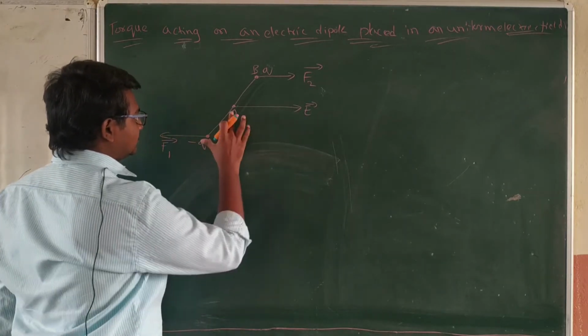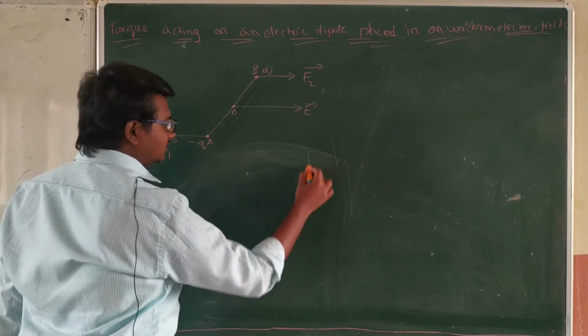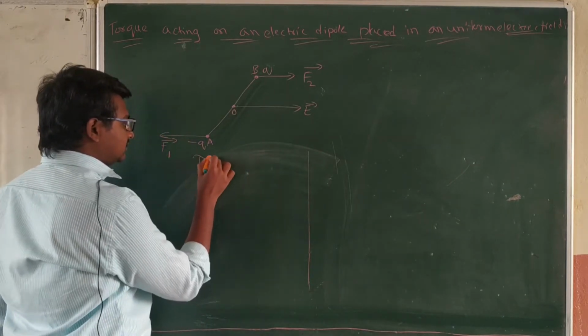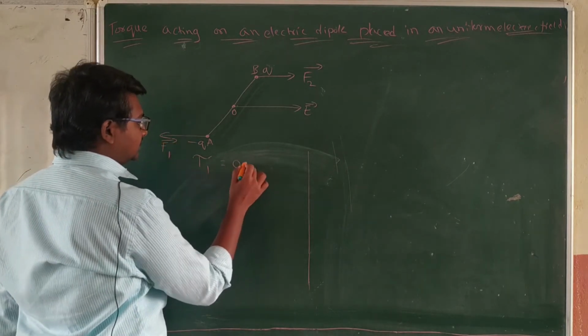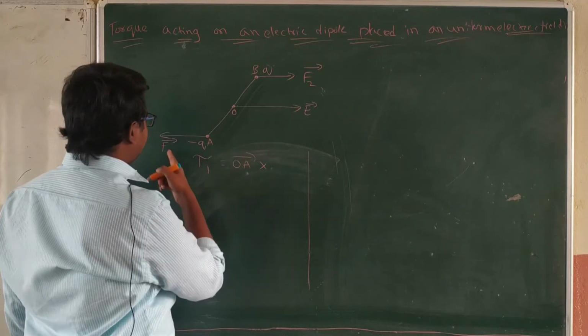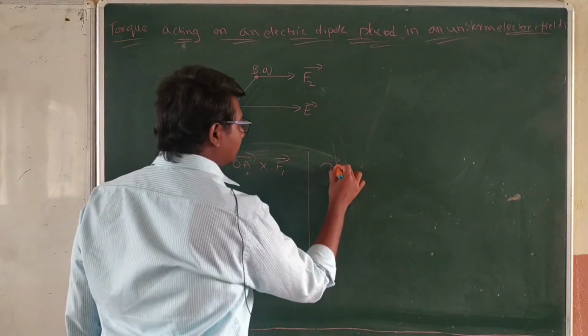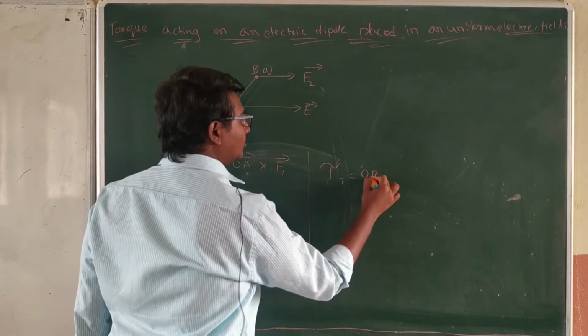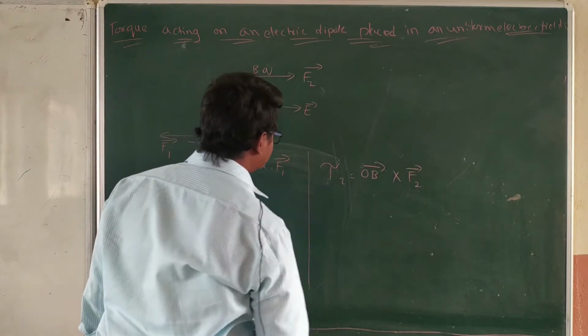Now first I am considering the F1 part, after that the F2 part. Due to the F1 force there will be torque tau 1, that is OA bar cross F1 bar, right? And torque tau 2 is equal to OB bar cross F2 bar, obviously.